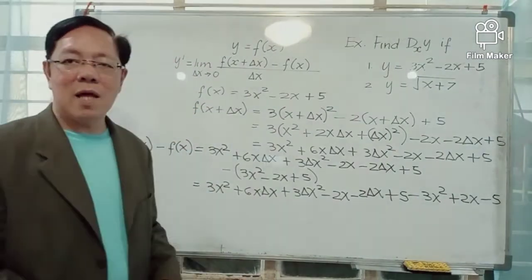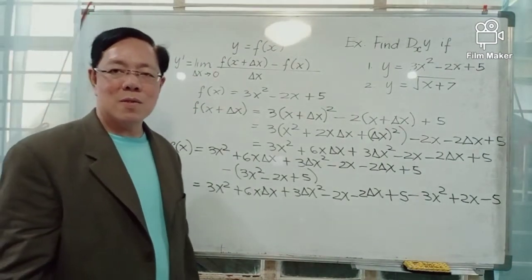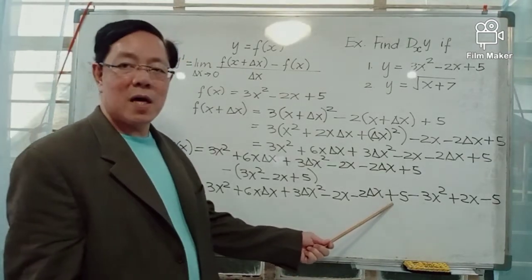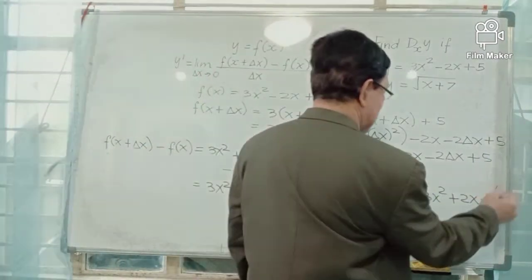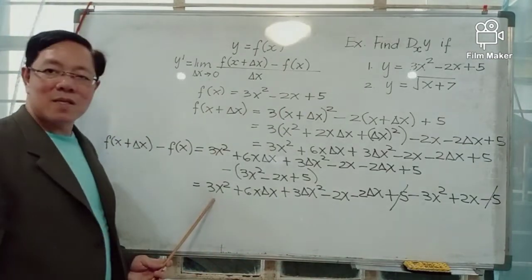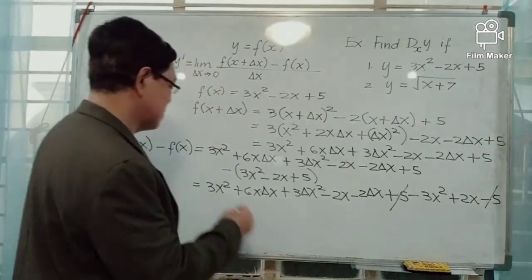Now we combine like terms, or we cancel terms that can be cancelled, those terms that will add up to 0. Like 5 minus 5 is 0. And we have positive 3x squared minus 3x squared is 0.